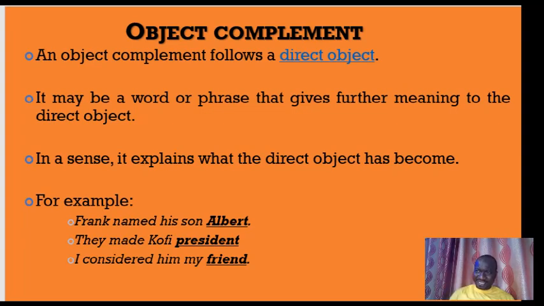So the president is complementing Kofi, and Kofi too is the object of the sentence. So the president is complementing Kofi for us to know who Kofi has become. I considered him my friend. So my friend here is complementing him for us to know who him is referring to.